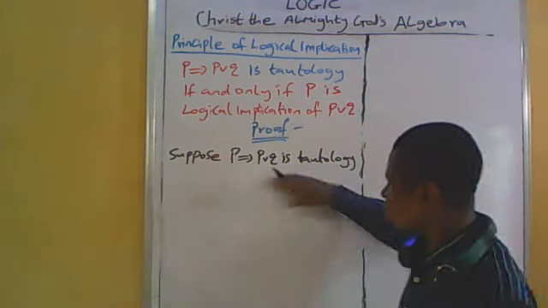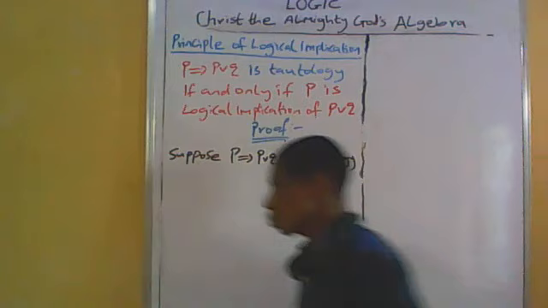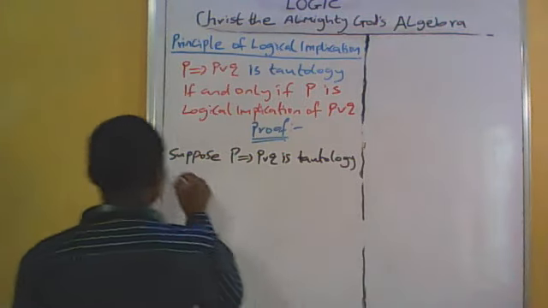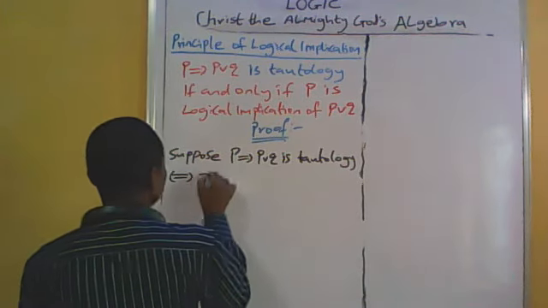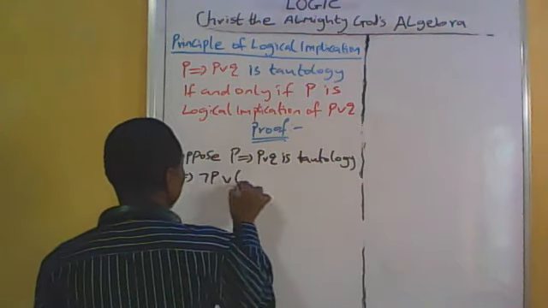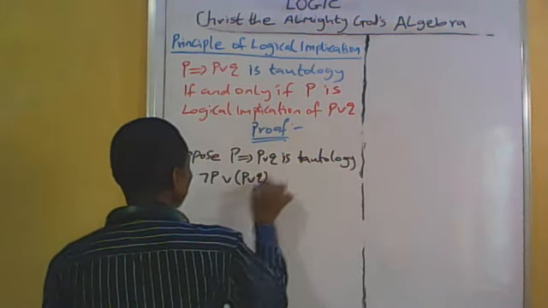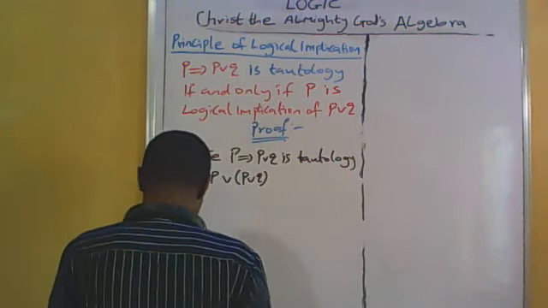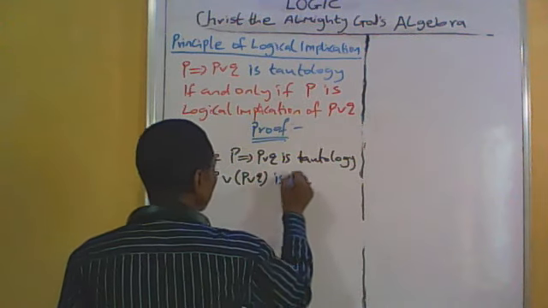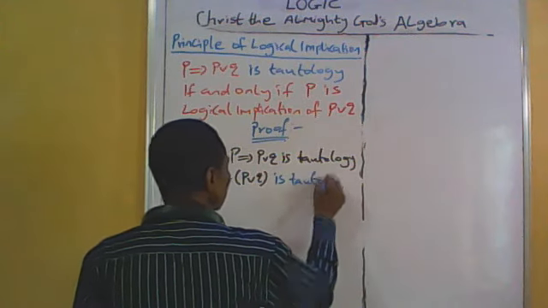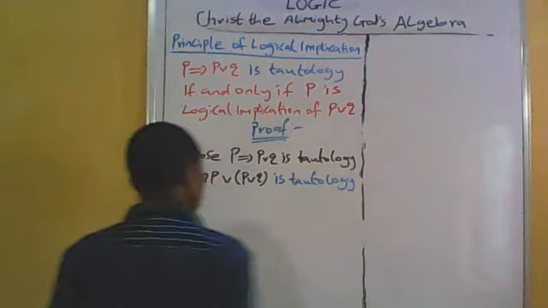So if this is true, this must also be true: if and only if not P or bracket P or Q is a tautology.